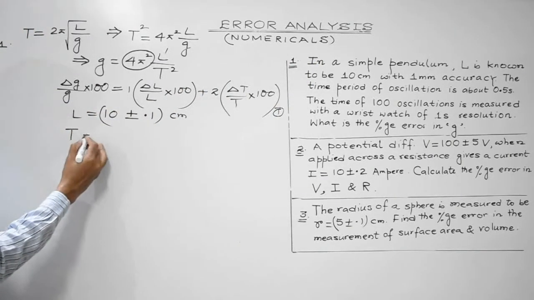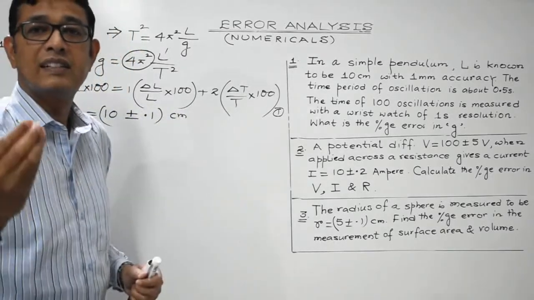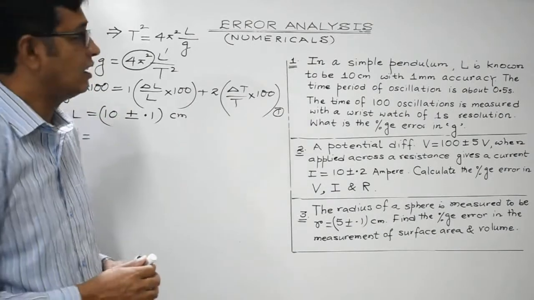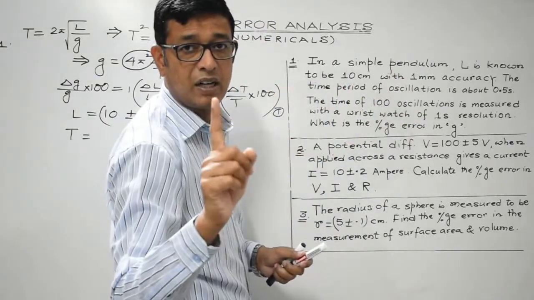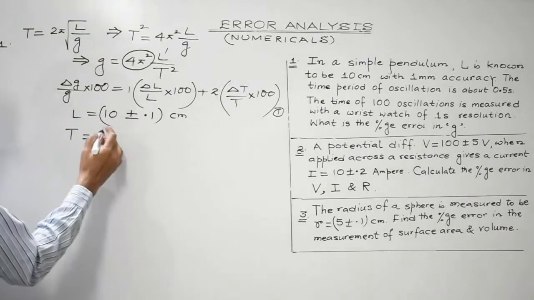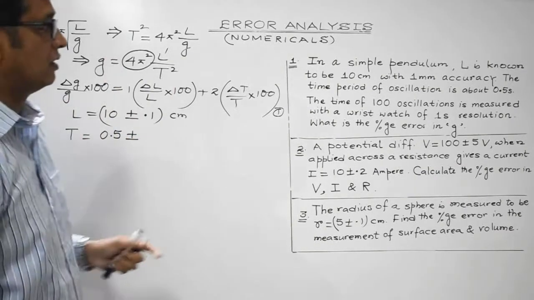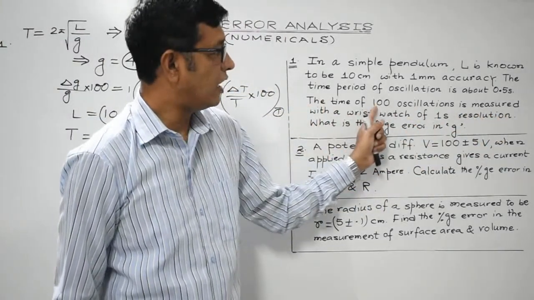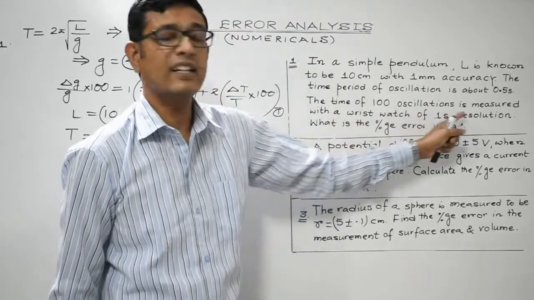Now time period. You are aware students, time period is the time taken by the pendulum to complete one oscillation, right? So here the time period, that is the time taken by the bob to complete one oscillation, is 0.5 seconds. So true value is 0.5 plus minus. Now concentrate on this particular sentence: the time of 100 oscillations is measured with a wristwatch of 1 second resolution.